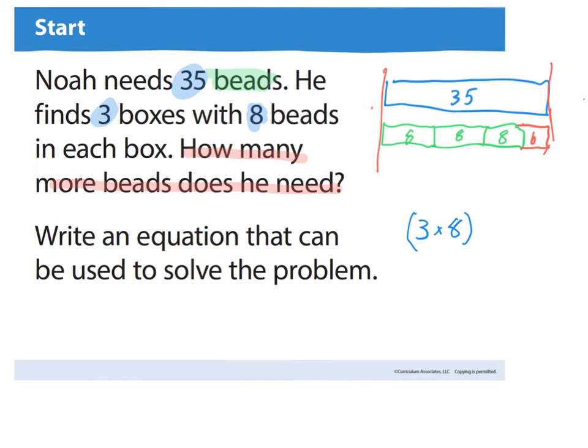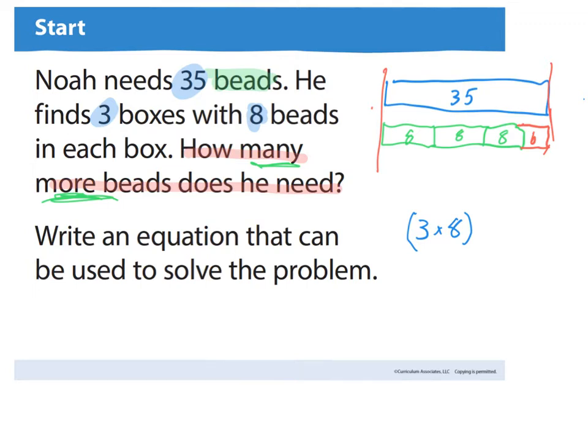We need to find how many more beads he needs. And there should be a clue in the way that this is written to tell us whether we're going to add, multiply, subtract, or divide. Hopefully, by now you recognize that when it says how many more of something, that's going to set off alarms in our head and tell us that we're going to need to subtract at some point.